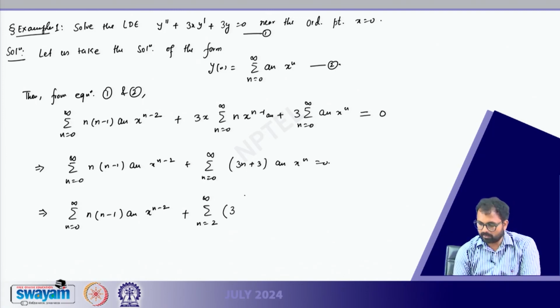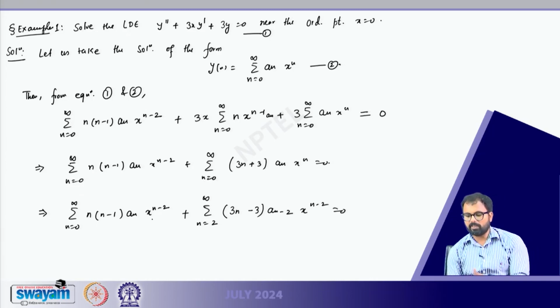This will become 3(n minus 2), but then we have 3n and minus 6, so this will simply become 3n minus 3. Then we will have a n minus 2 x to the power n minus 2. Just to match the same n minus 2, we have rearranged this series and we are starting from 2, not from 0, but from 2.